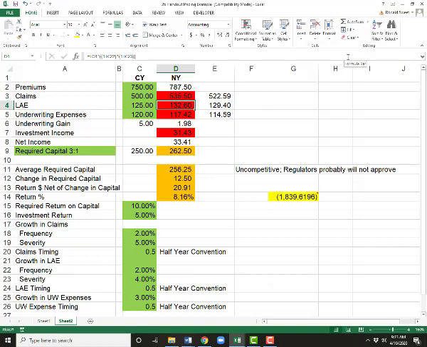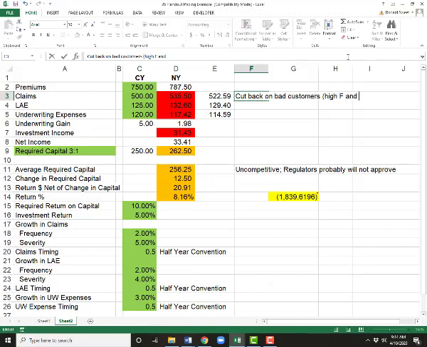So you might try to essentially get rid of your worst customers. We talked about this with USAA, State Farm, Allstate. There are some customers, a small fraction of the customers, 4 or 5% of the customers, who account for the bulk of the risk, especially in homeowners. Maybe you cut back. So for claims and LAE, you cut back on bad customers, customers with high frequency and severity.